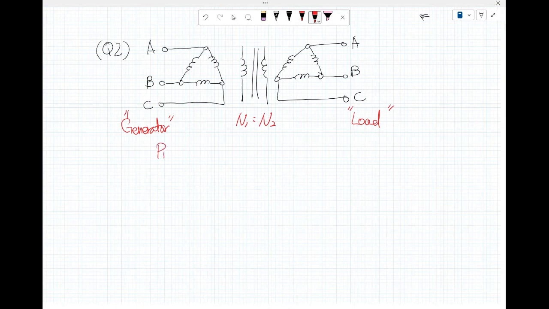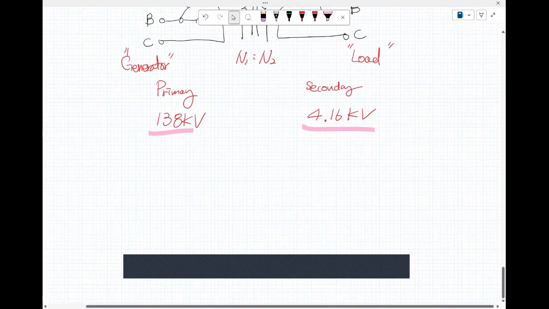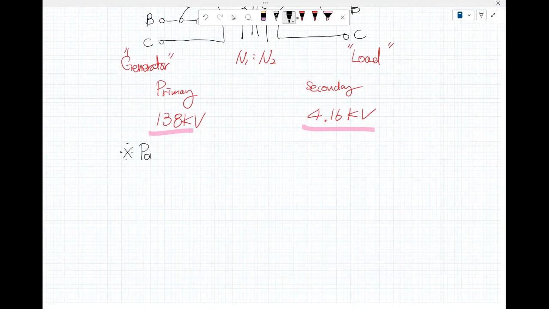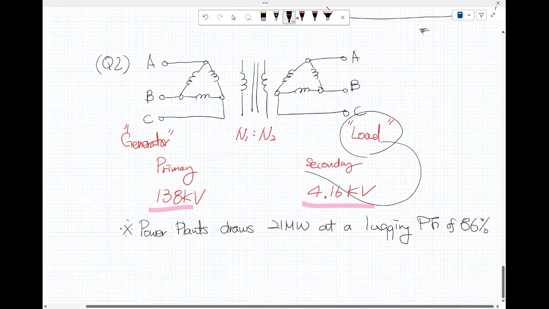This is the primary, usually the generator source part. This is the secondary, the load part. We assume this is 138 kV. This is 4.16 kV. Now, the power plant draws 86%. This is the load part.